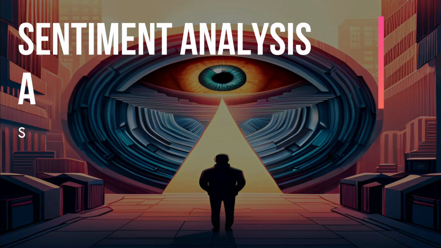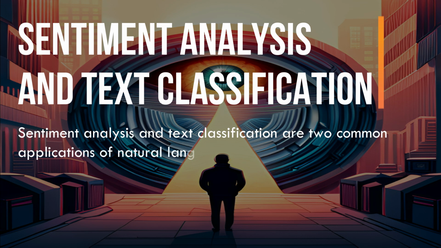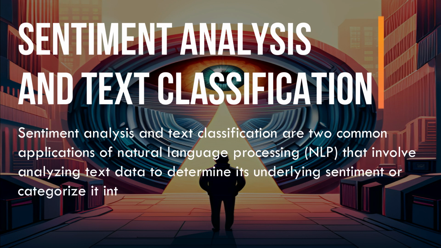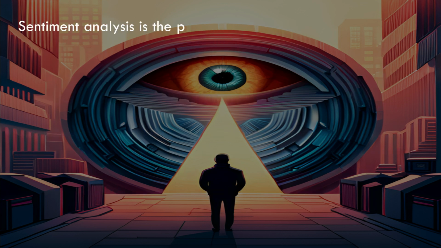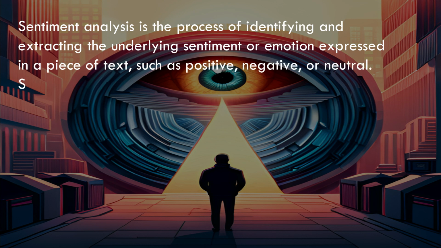Sentiment analysis and text classification. Sentiment analysis and text classification are two common applications of natural language processing, NLP, that involve analyzing text data to determine its underlying sentiment or categorize it into different classes or categories. Sentiment analysis is the process of identifying and extracting the underlying sentiment or emotion expressed in a piece of text, such as positive, negative, or neutral.